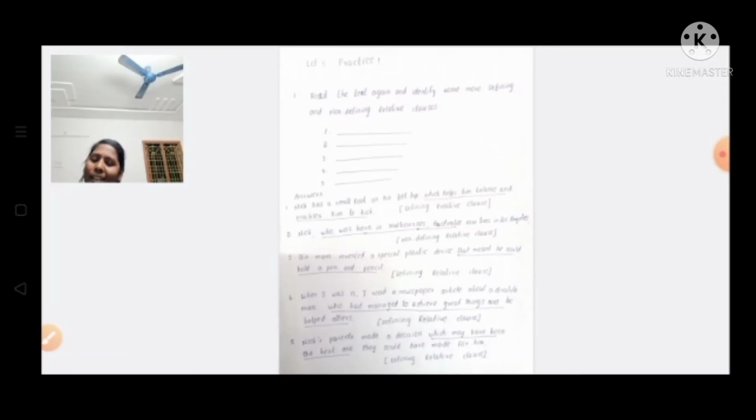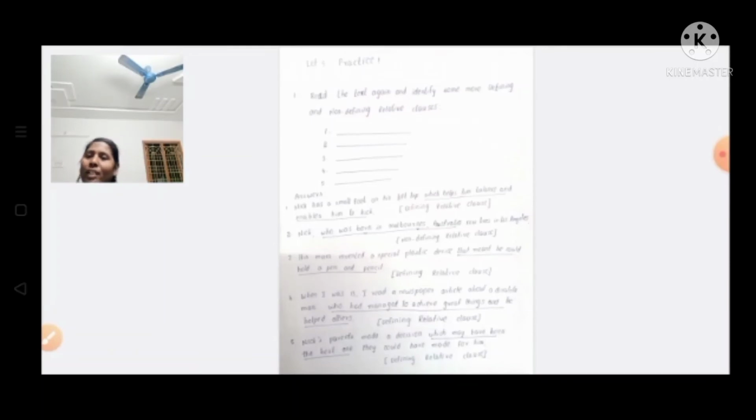It is a non-defining relative clause. Okay. The third one: his mom invented a special plastic device that meant he could hold a pen and pencil. It is a defining relative clause.